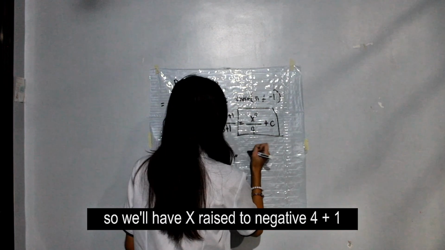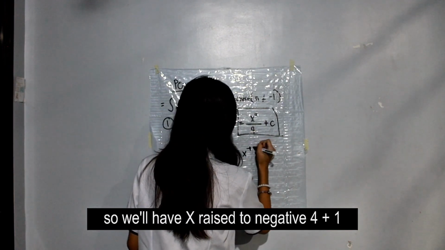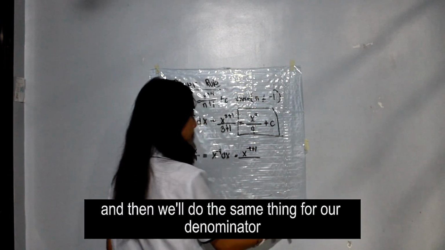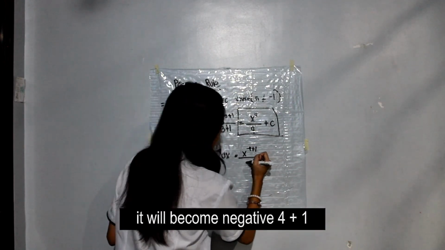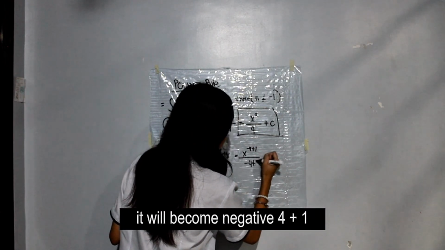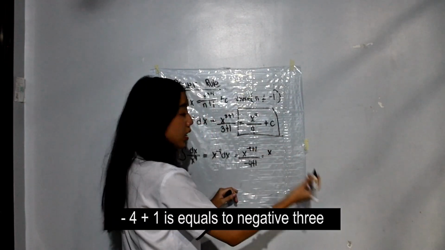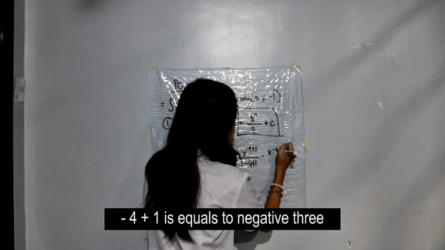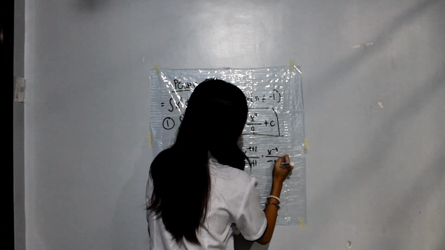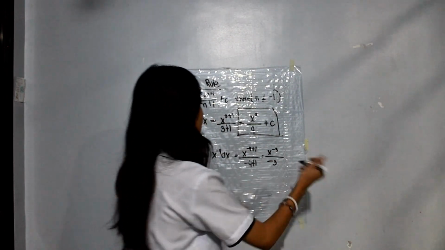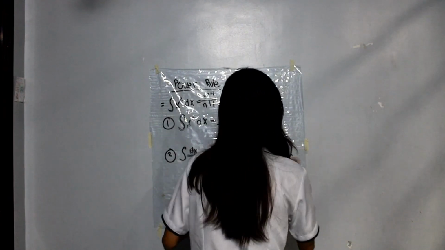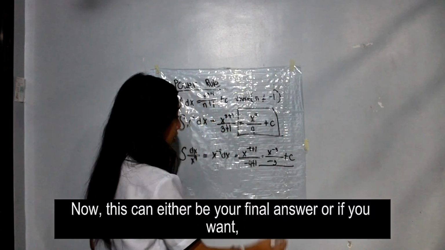And now we can proceed. So we'll have x raised to negative 4 plus 1, and then we'll do the same thing for our denominator. It will become negative 4 plus 1. Negative 4 plus 1 is equal to negative 3 plus c. Now, this can either be your final answer.